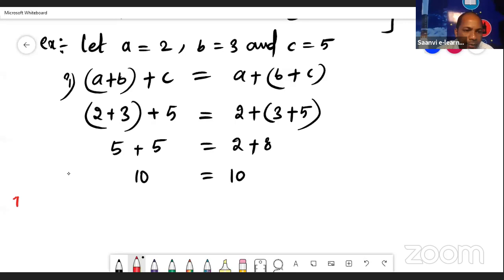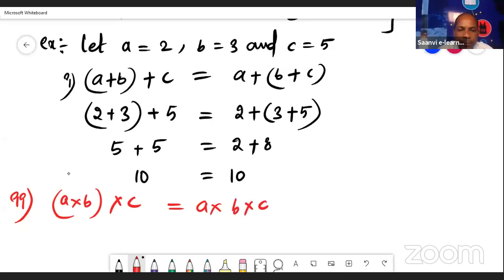Under multiplication, what condition should be satisfied? (A × B) × C. It means we have to multiply the first two whole numbers and after that the third whole number. So (a × b) × c is equal to a × (b × c). Okay. So now check whether this condition is satisfied or not.